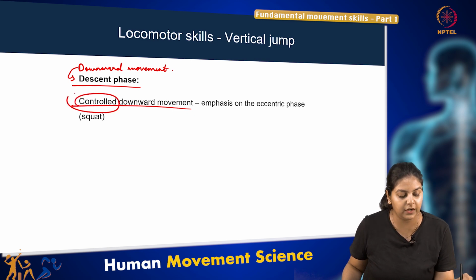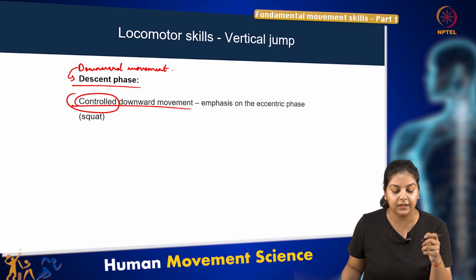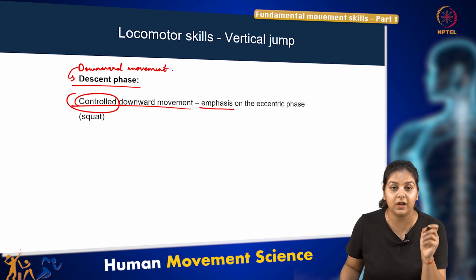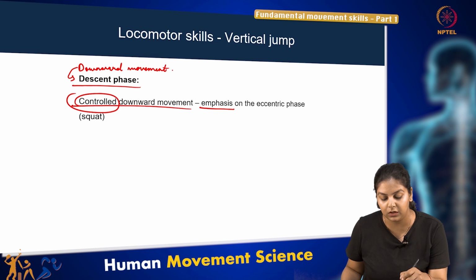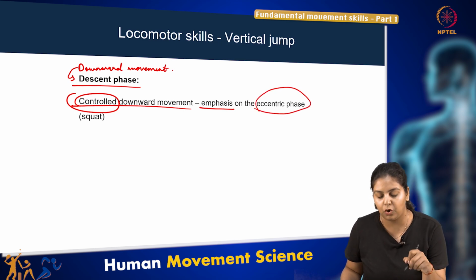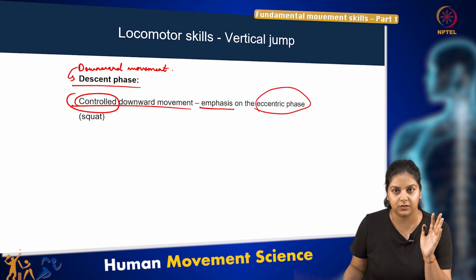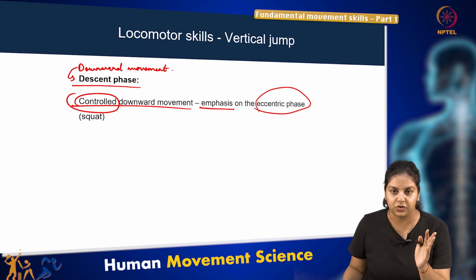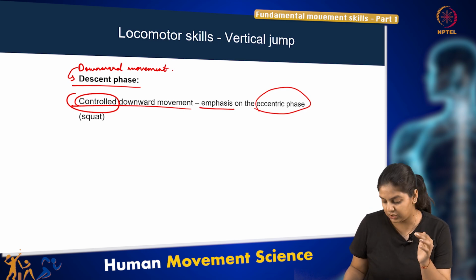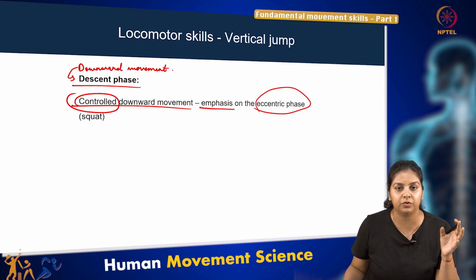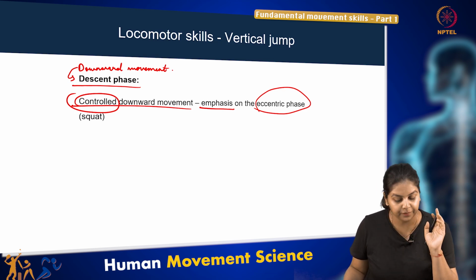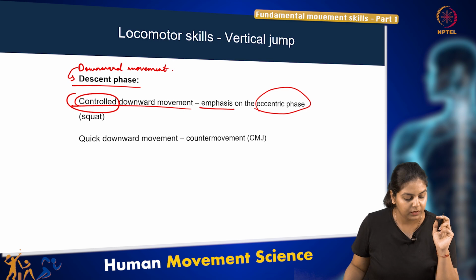Important to know that it's a controlled action, and the emphasis or the stress on the functional anatomy here is that it's a dominantly eccentric phase. We've looked at what eccentric phase is, what eccentric contraction is, right? So it's a controlled downward movement and the focus is on the eccentric phase, right?